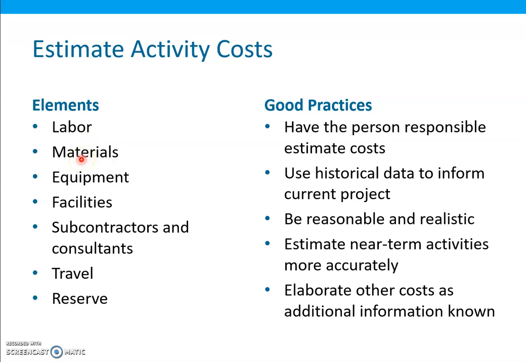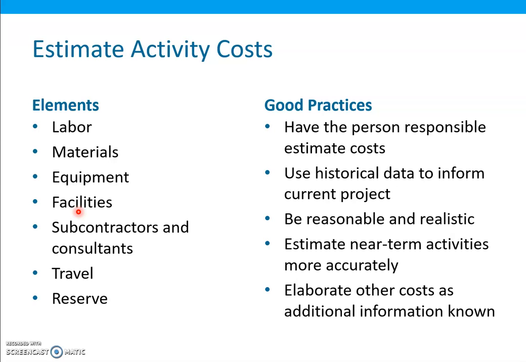Then the materials. The estimated cost of material that the project team or contractor needs to purchase for the project. Equipment. Equipment that must be purchased as part of the project. Facilities.